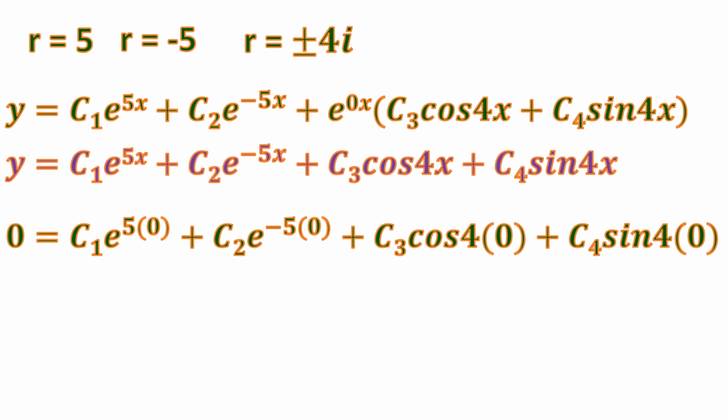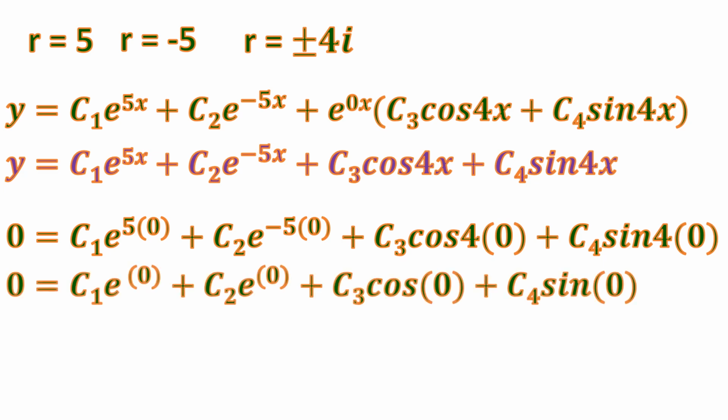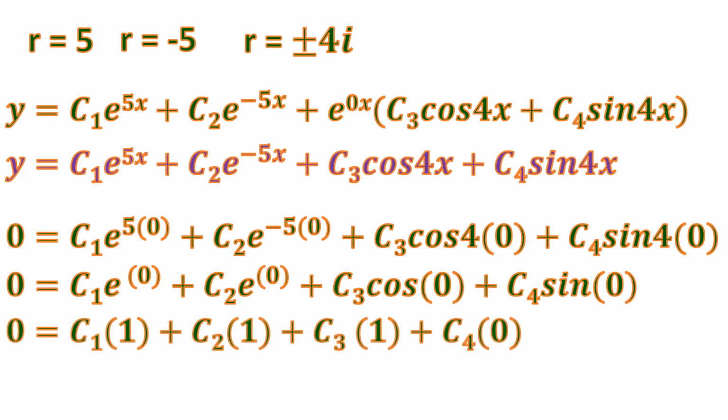So substitute, it will become c sub 1 e raised to the 0, and everything that is times 0 will become 0, and then e raised to the 0 is 1, and cosine of 0 is 1, and sine of 0 is 0. Then simplify further, we have 0 equals c sub 1 plus c sub 2 plus c sub 3.